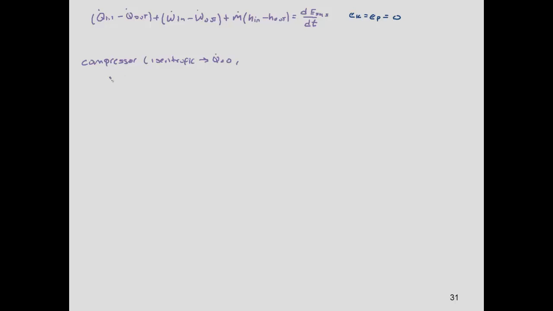So then we will have work in plus mass flow rate times H1 minus H2 equal to the change in energy in the system with respect to time. So once it's in steady operation, we should write it here as another assumption.